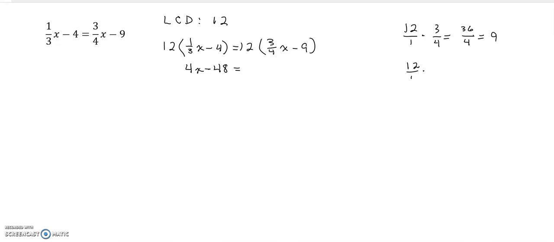Or we can factor it out. How many 4s go into 4? 1. How many 4s go into 12? 3. Now multiply straight across. We get 9 over 1, which is just 9. So I get 9x minus, and 9 times 12. 9 times 12 is 108.